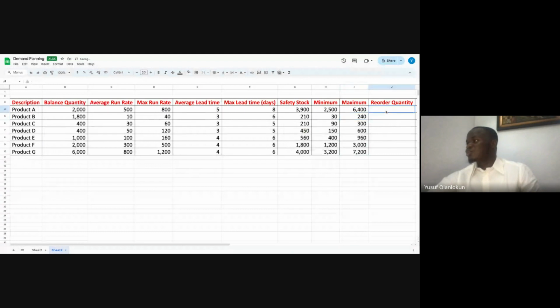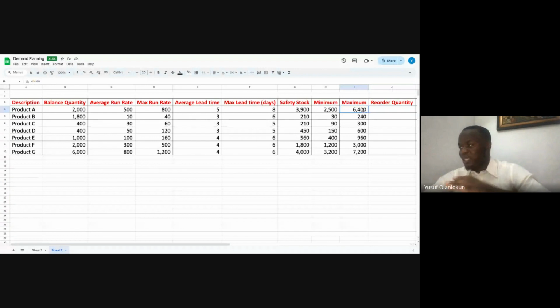The last one is to determine the order quantity, which will now be the maximum. For product A, you must not go above 6,400. If it is 6,401, that one is overstock, like excess. For product B, if you get to 242, that extra two is overstock.